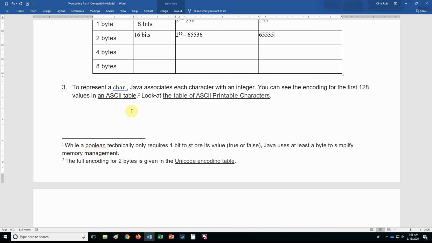For example, 0 is 048 D. You want to use the D number for your answer in A, B, C, and D on number 3. And it's just a matter of looking them up. It's not that difficult, but just make sure you use the right column.